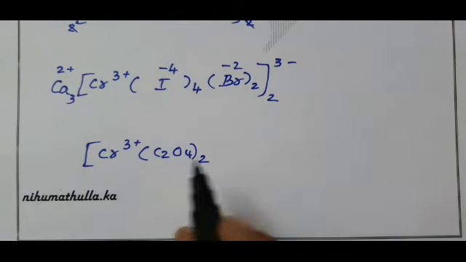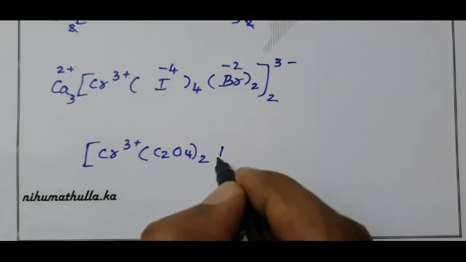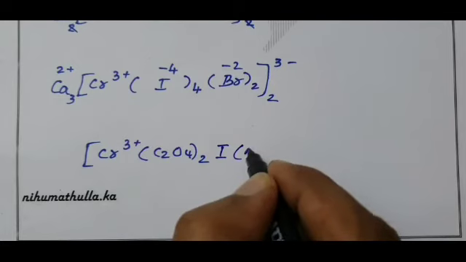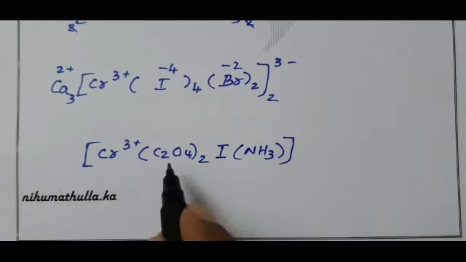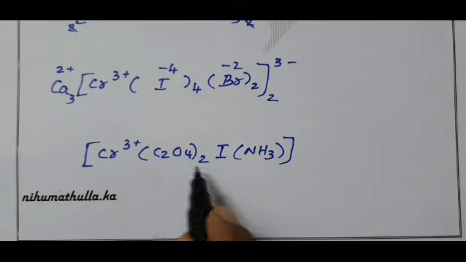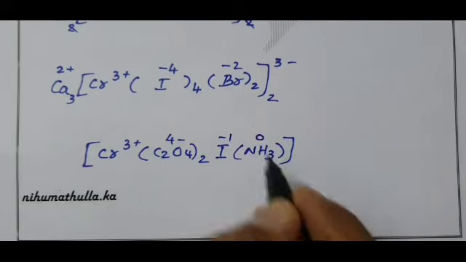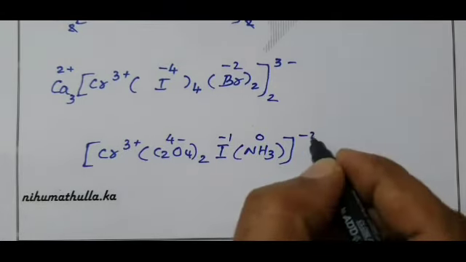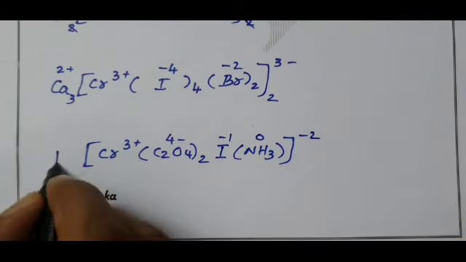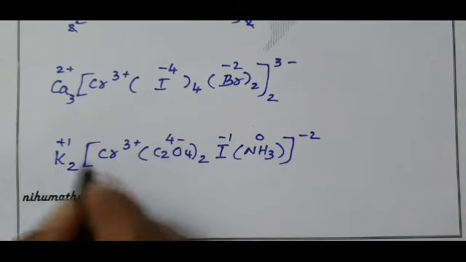How many bonds are over? 1 oxalato, 2 bonds, 2 oxalato, 4 bonds are over. 5th bond is occupied by iodine, 6th bond maybe a neutral ligand, NH3 you can add. 1 oxalato, 2 minus, 2 oxalato, 4 minus, 1 iodido minus 1, amine 0. Add all these charges, you will get minus 2 on the complex. Therefore, here put a counter ion potassium plus, that 2 is here, this 1 is there.